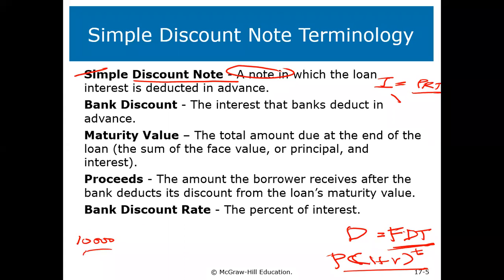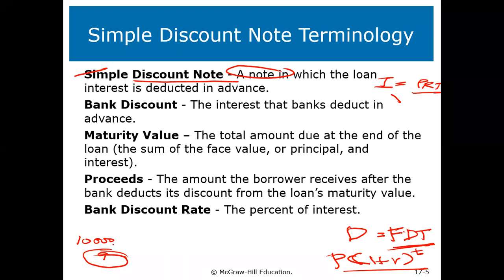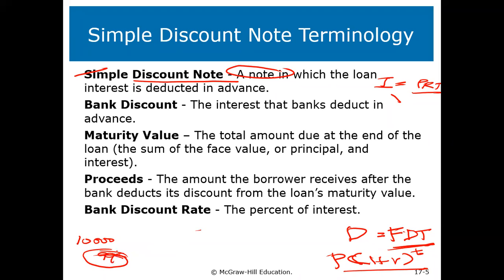That 10,000, I won't get now. What I'll get is what we call the proceeds, an amount of, for example, 9,980. In other words, the 20 pesos was deducted. That's the discount. Then at the end of the period, let's say after 90 days, I'm going to pay the face amount, the 10,000, which is also the maturity value.